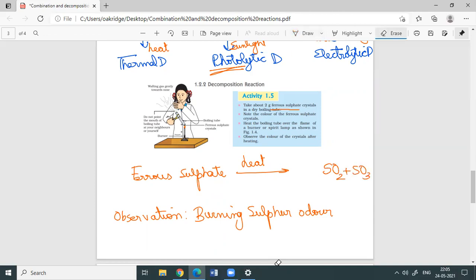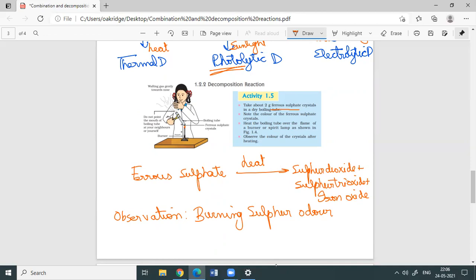Let me write it down. Sulfur dioxide and sulfur trioxide are coming out when you're heating ferrous sulfate. Also, you'll find a solid which is left behind. That is nothing but iron oxide, children.